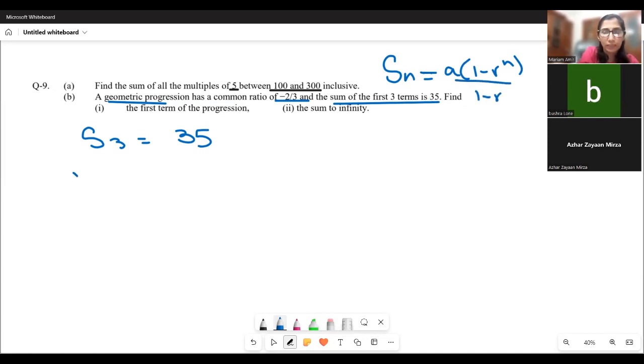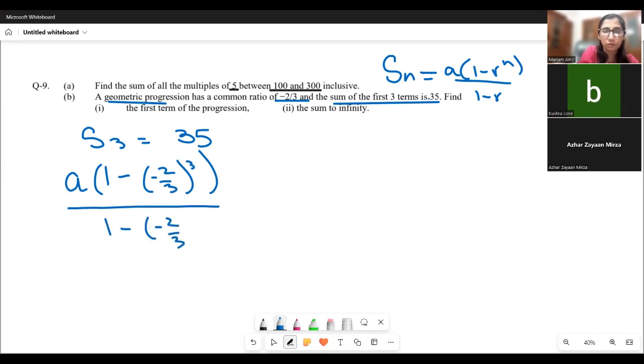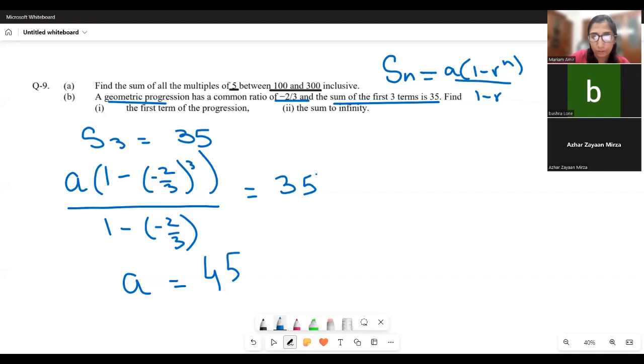So A times (1 minus (minus 2/3) to the power 3) upon (1 minus minus 2/3) equals 35. Can you guys find A from here? I'm going to wait for your answers. A should come out to be 45.